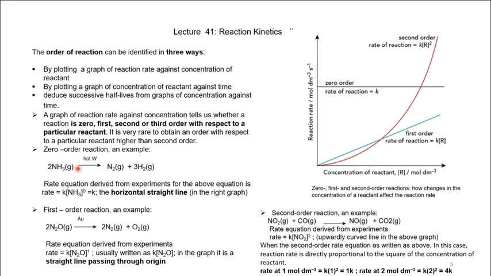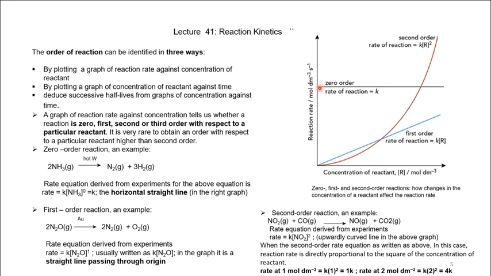A zero order reaction: we take ammonia, and when we heat it with hot tungsten as catalyst, we get nitrogen gas and hydrogen gas. The rate of reaction is rate equals the constant K times the concentration of ammonia to the power zero, which is 1, so the rate is equal to K, and this gives a horizontal straight line in the graph.